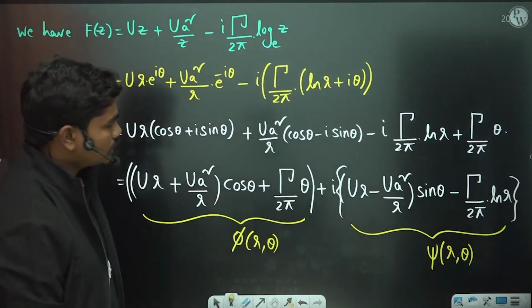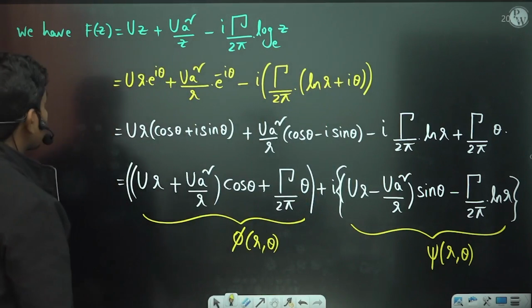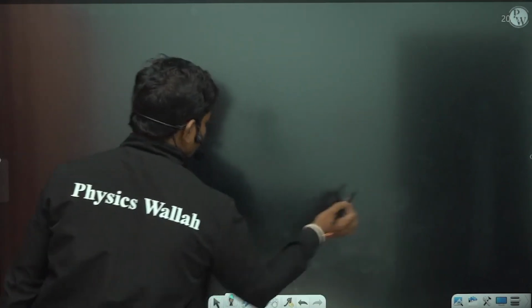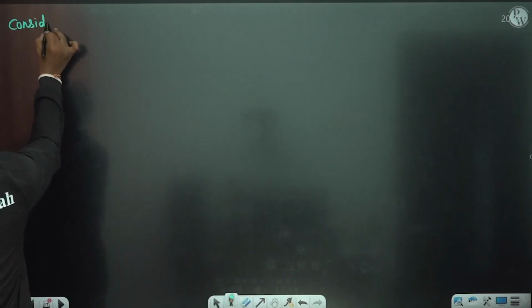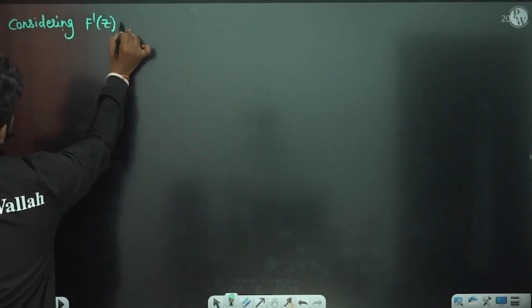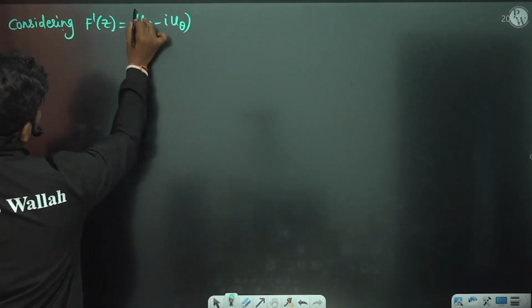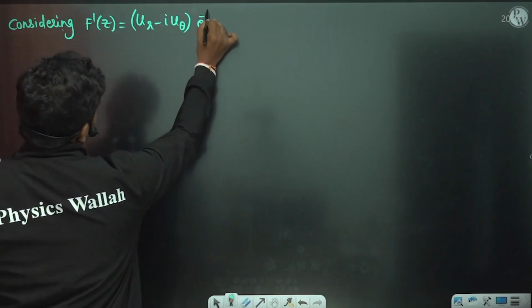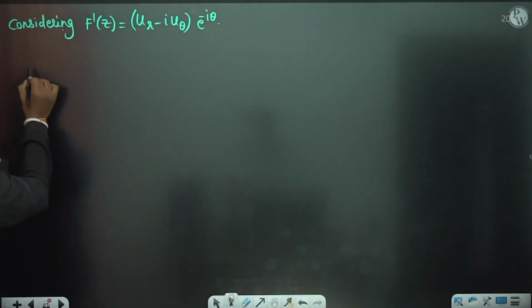Now if you want to look at the radial and theta velocities, considering f dash of z is equal to u r minus i times u theta into e power minus i theta. Clear? So let us do that.